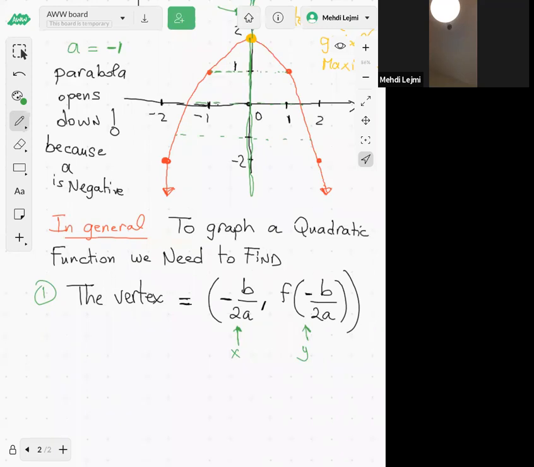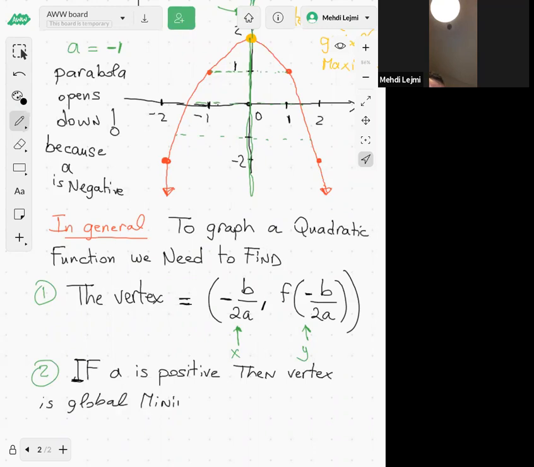And so if a is positive, then the vertex is a global minimum, right? And of course, the parabola opens up.